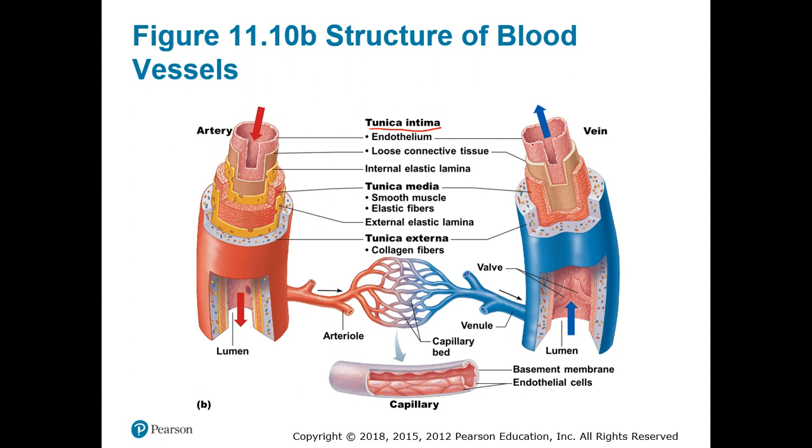Again, it's the most inside layer. We have tunica media, again made up of smooth muscle, and then tunica externa, which is going to be the outermost layer. The other thing that I want to point out is that we're going to bring this picture back to show you the differences between arteries, capillaries, and veins.